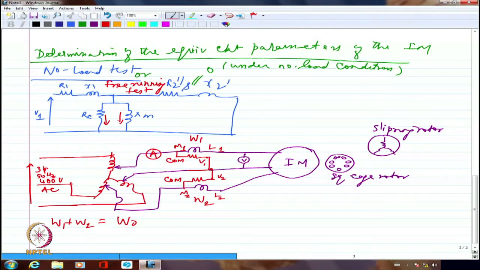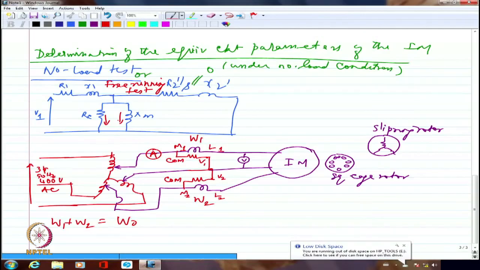Most of the times in the induction motor equivalent circuit, RC would also take care of these mechanical losses. Very often we might club everything together and say, let RC represent it. Because it's very difficult to bifurcate or partition all the losses independently. Very often it will become very difficult for us to partition the losses.